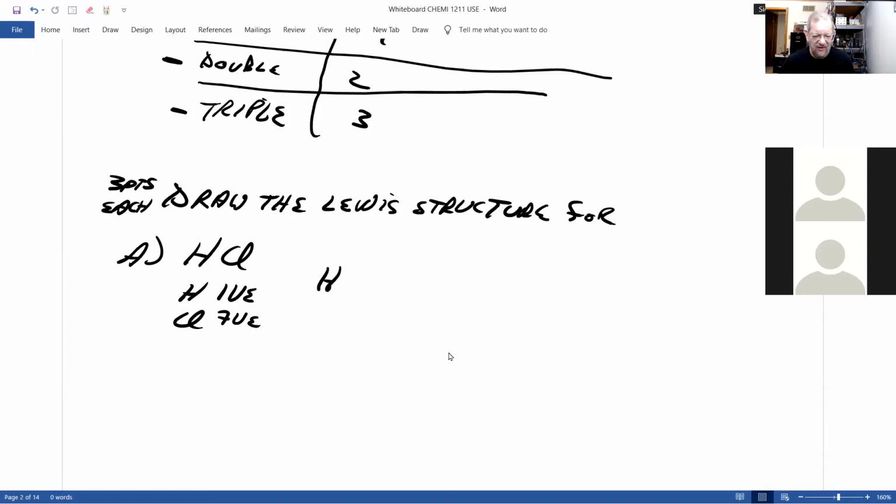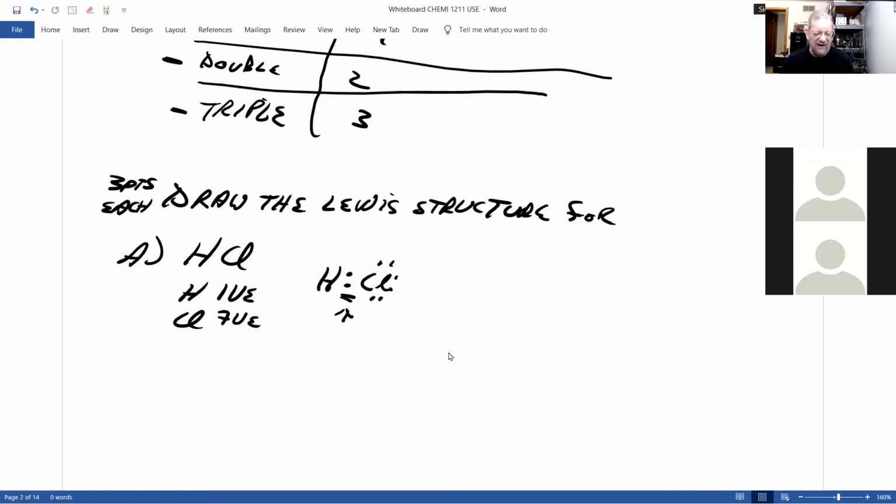And the hydrogen has 1. The chlorine has 7. And notice it has 1 unbonded electron, and hydrogen says, I've got 1, you've got 1, let's share. And this is the Lewis structure for hydrochloric acid, HCl.